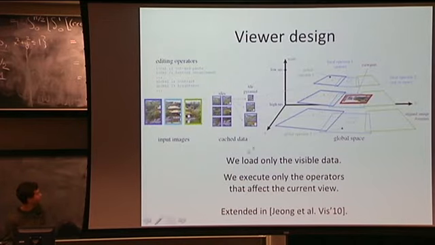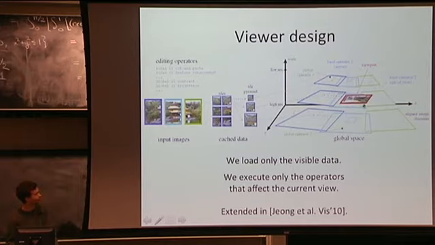So here our system looks like this: we have some input images at the beginning, and we don't stitch them by default. We keep them separated. Each of these images is separated into tiles, so that we don't need to load the entire image if we don't need to. Each of these tiles is pre-computed at different resolutions, so that we don't need to load the full resolution if we don't need to. All the data are registered in a common X, Y, and scale coordinate system.